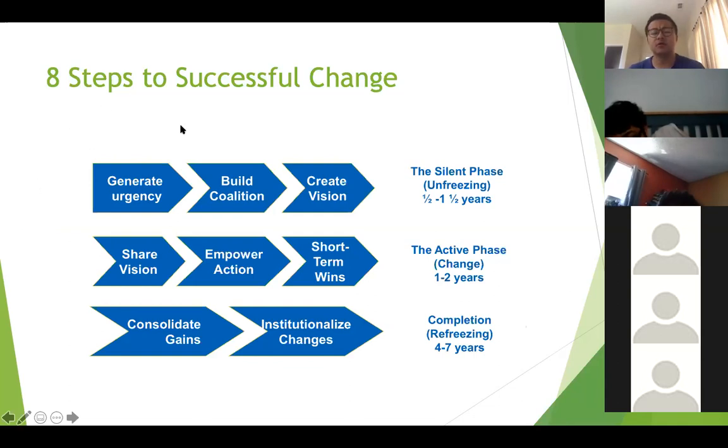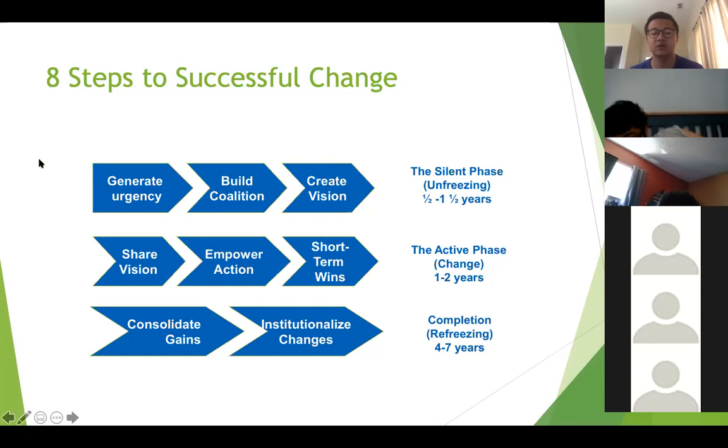So this graph also appeared in professor's slides, because for this topic, we have the three phases, the unfreezing, change, and the refreezing. Also, we have 8 steps. So you can match each of them together.